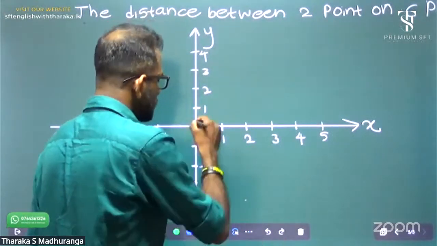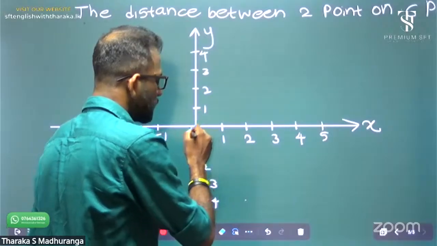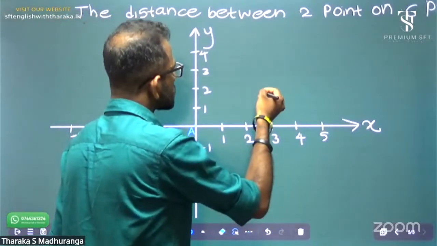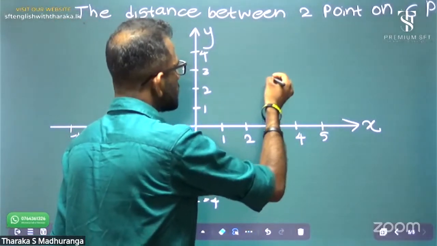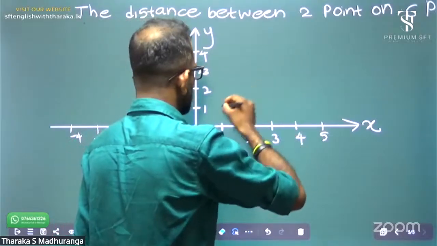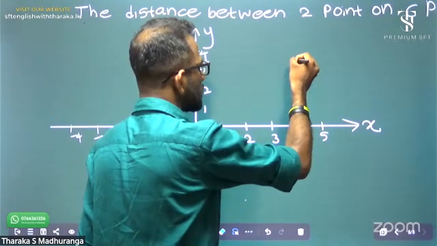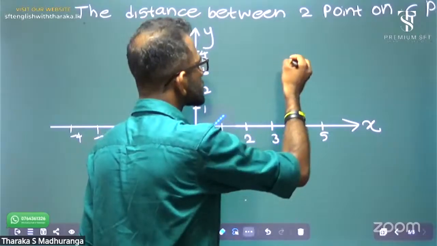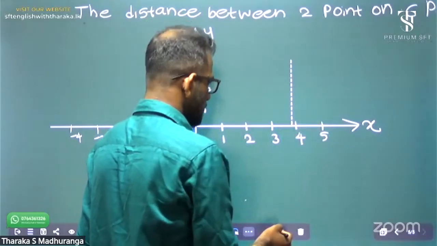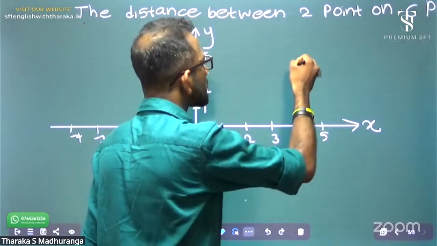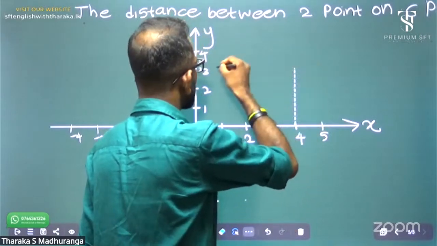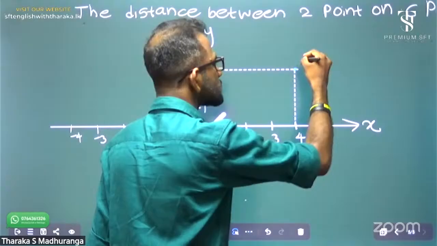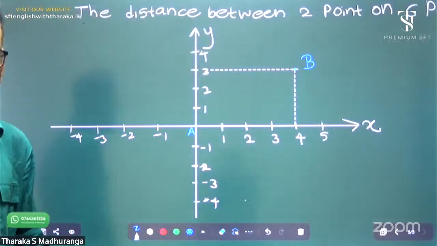This is the A point, the initial point, 0, 0 point. And this is the B point.